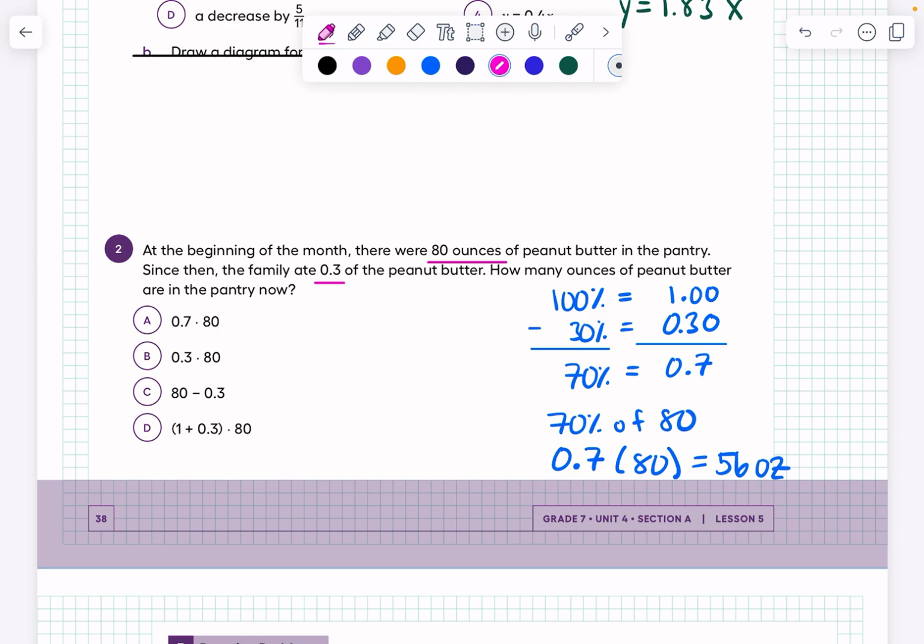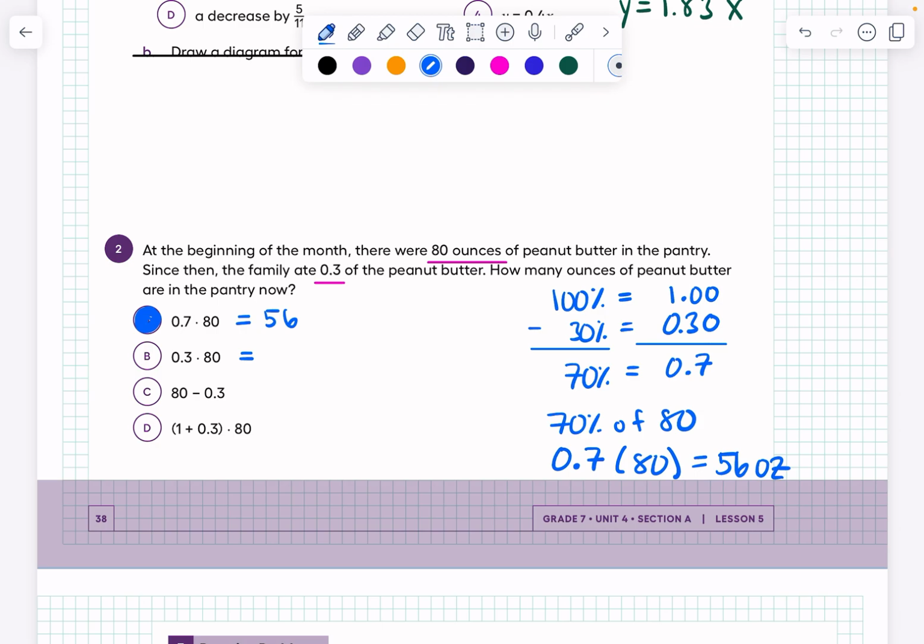Again, they ate 30% and 70% would be left over. So which expression represents what we're talking about here? If you have 0.7 times 80, we already talked about that would be 56. So this is a correct answer. 0.3 times 80, well, that's not it.